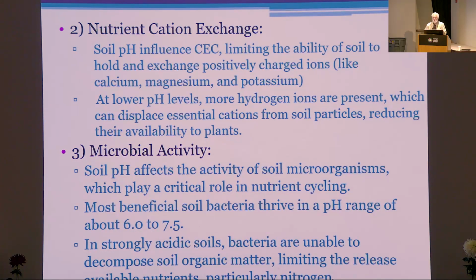And so that means there's less mineral availability to your plants. Microbial activity. The ability of microbes to grow, divide, reproduce, basically is affected by pH. So a pH of between 6 and 7.5 is ideal for those bacteria. If the soil becomes too acidic, basically the bacteria are unable to mineralize all of those components.